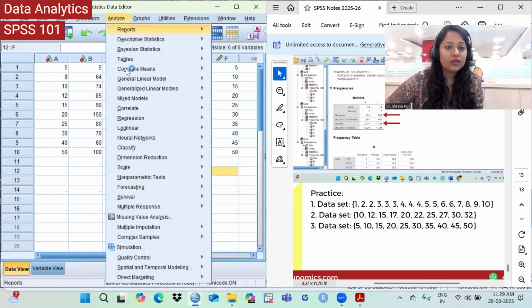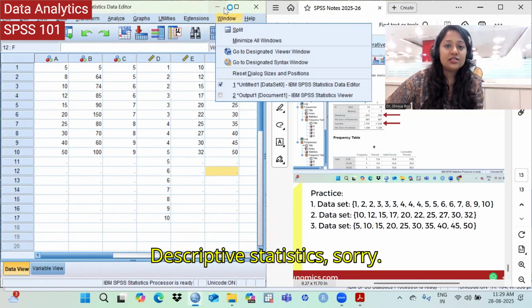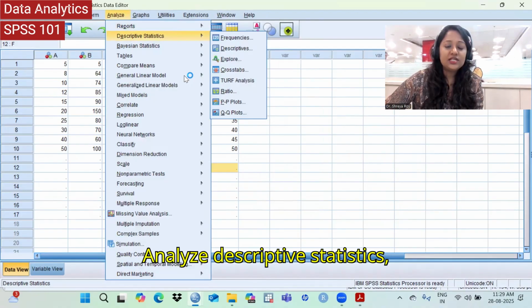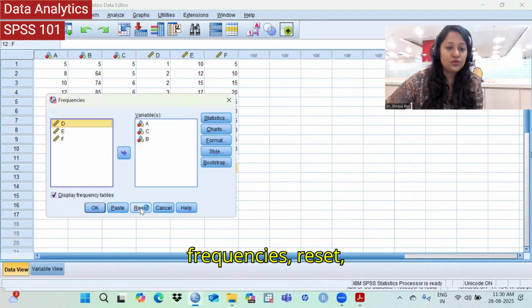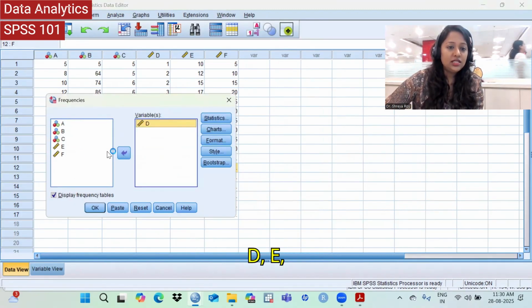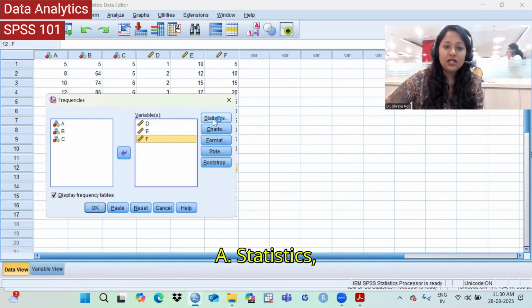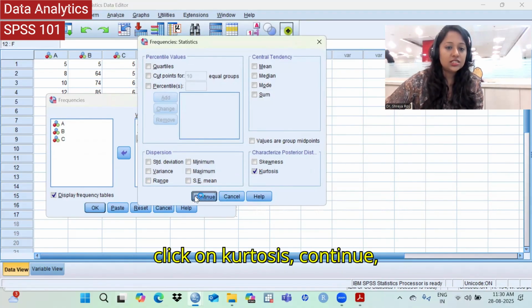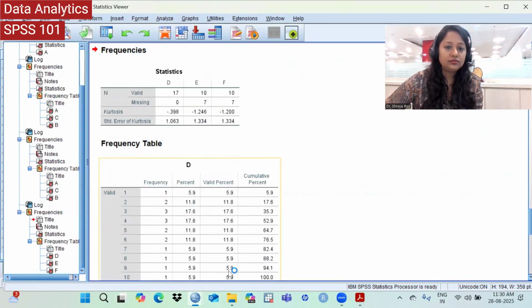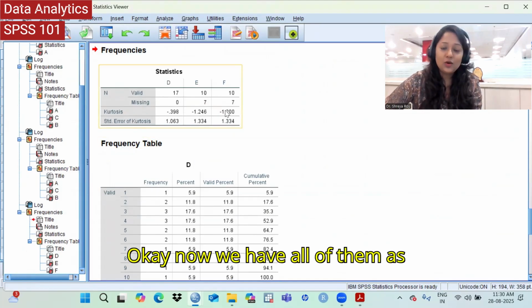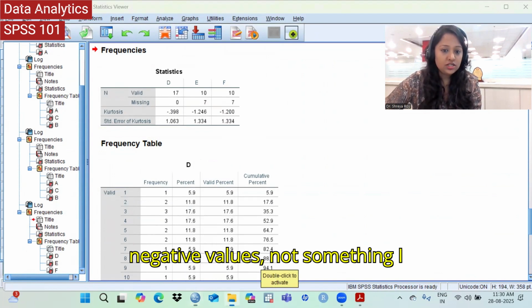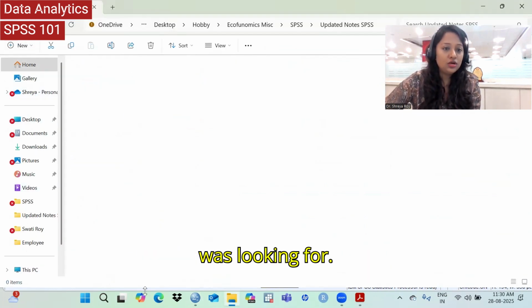Let's see. Analyze, descriptive statistics, frequencies, reset, D, E, X, statistics, click on kurtosis, continue, okay. Okay, now we have all of them as negative values. Not something I was looking for.